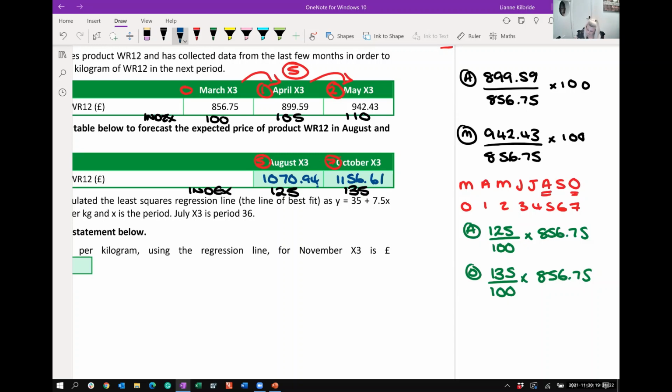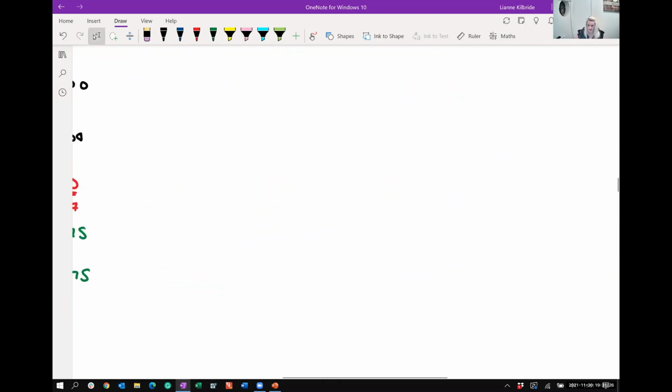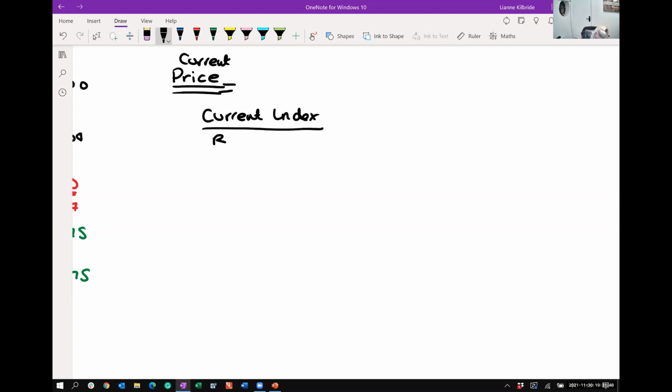I'm going to write something over here that might help you even more, if you need to find the price. We want to find the current price, don't we? You take the current index divided by your base index.